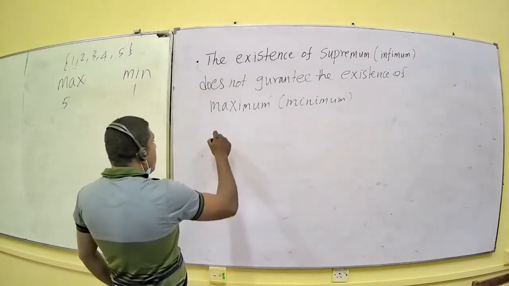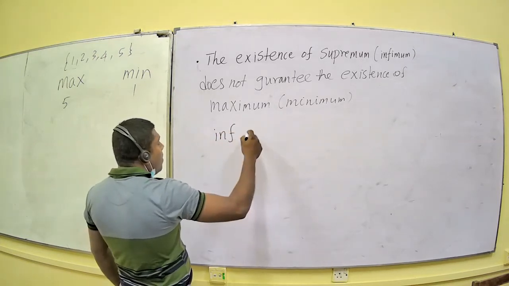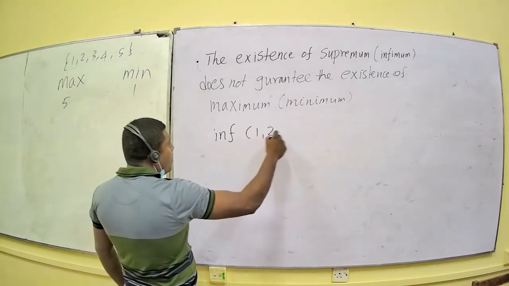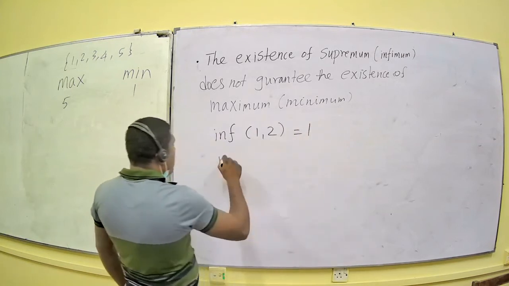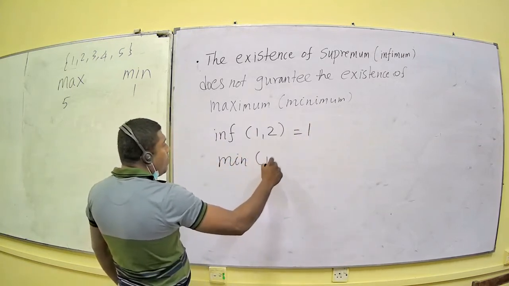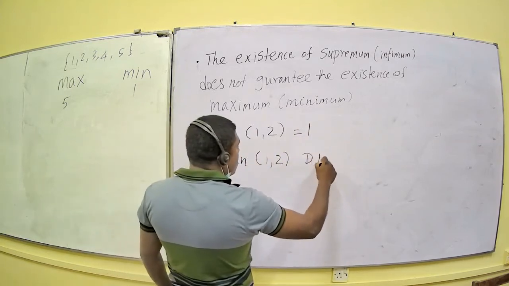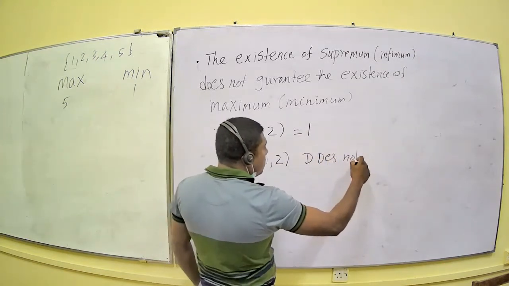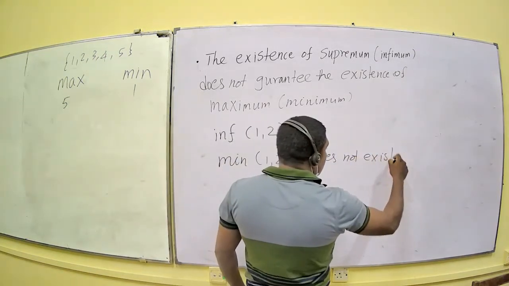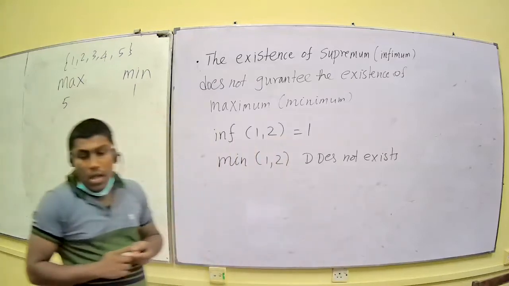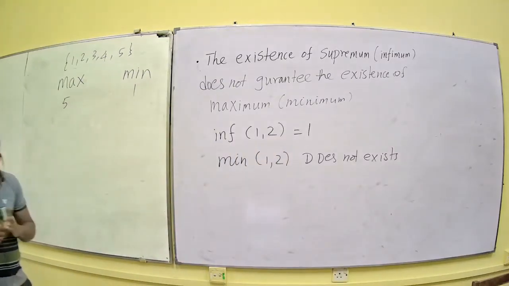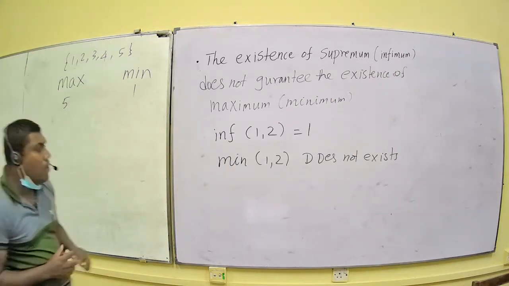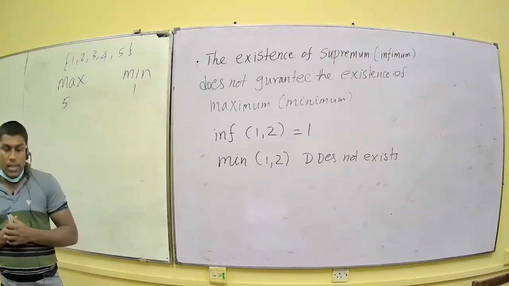Say for example, the infimum of (1, 2) is 1, but the minimum of (1, 2) does not exist. The infimum of this set is 1, but the minimum of (1, 2) does not exist.